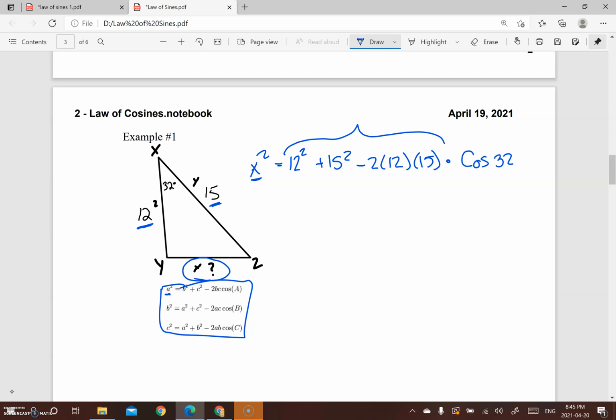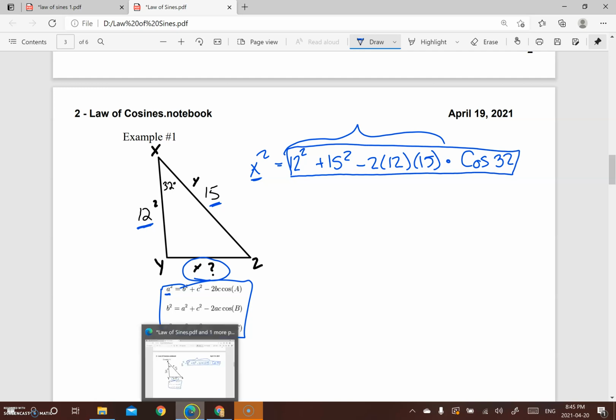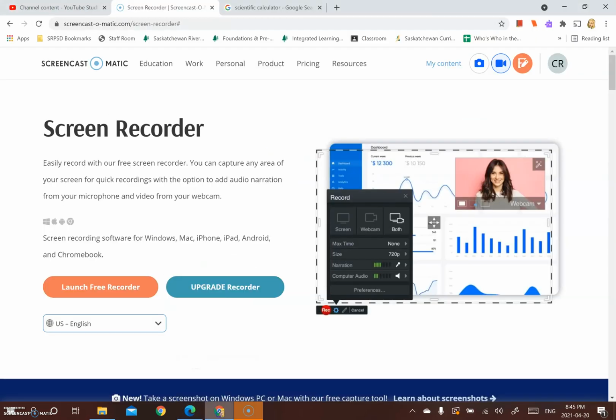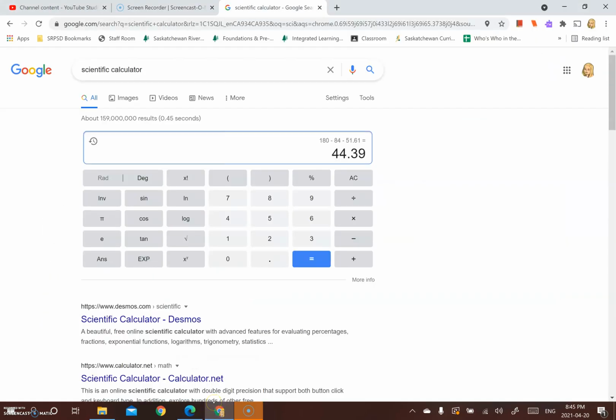And this is the best because it's already by itself. So this whole right side I could plug into a calculator. 12 squared plus 15 squared. Subtract 2 times 12 times 15 times cos 32. So let's go over to my scientific calculator. Clear it. Make sure it's in degrees. And I had 12.